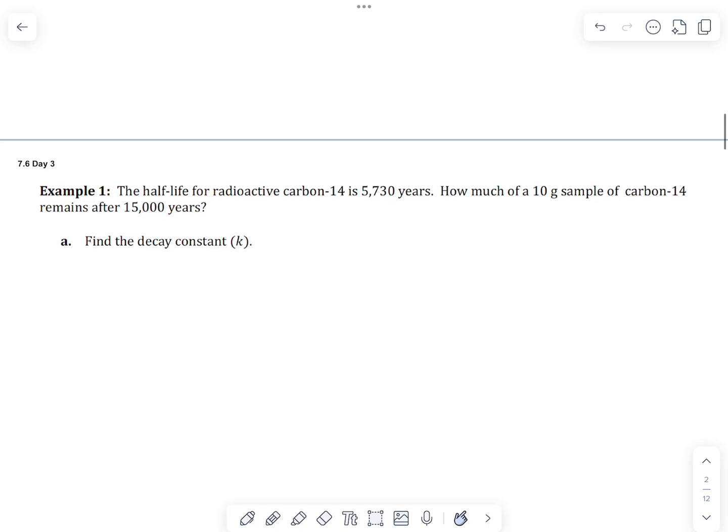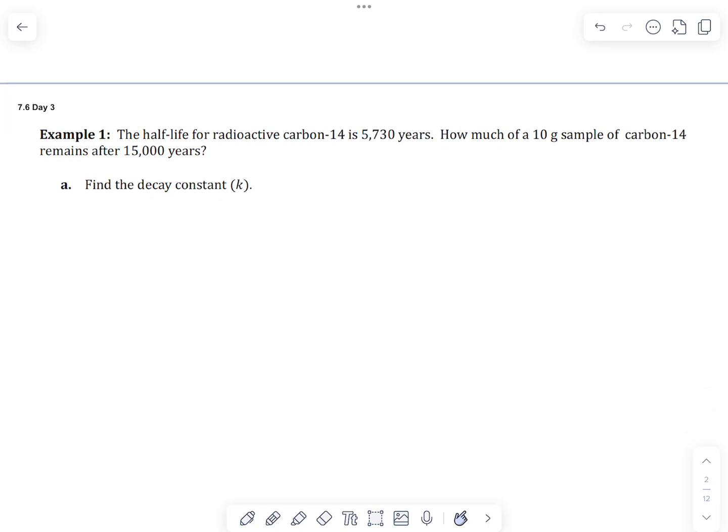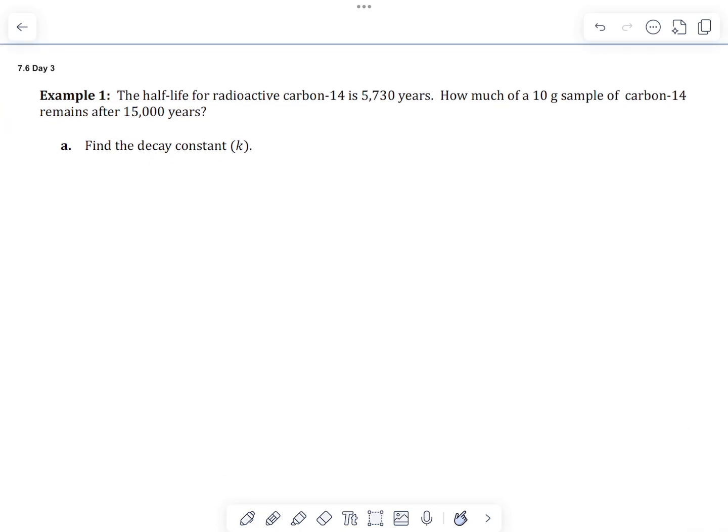So here's our first example. The half-life for radioactive carbon-14: it takes 5,730 years for that substance to decay to half the amount. The question is, how much of a 10-gram sample of carbon-14 remains after 15,000 years?